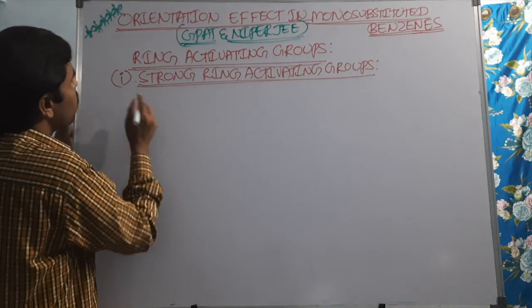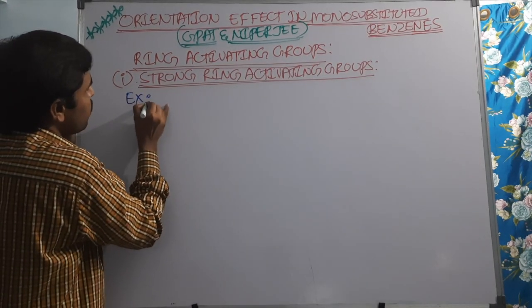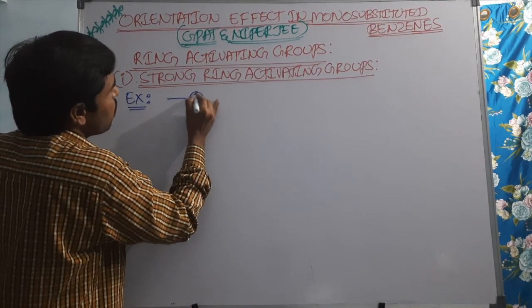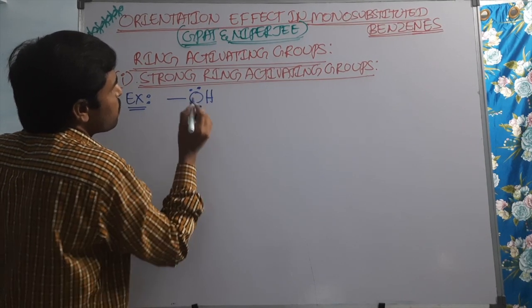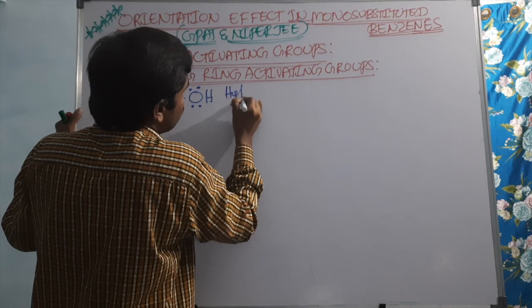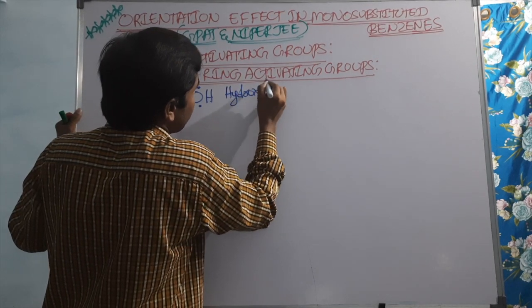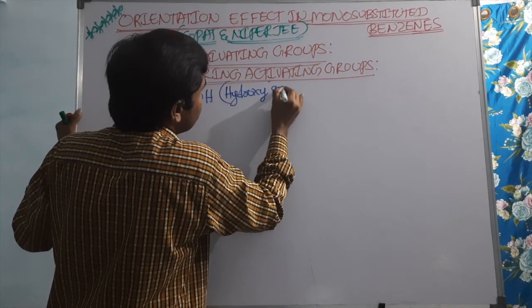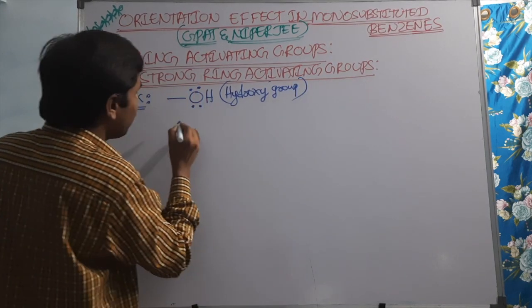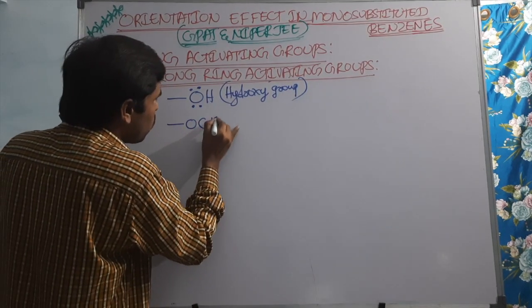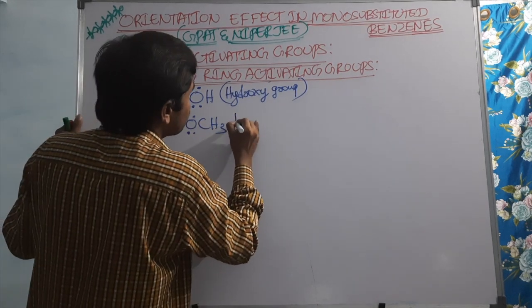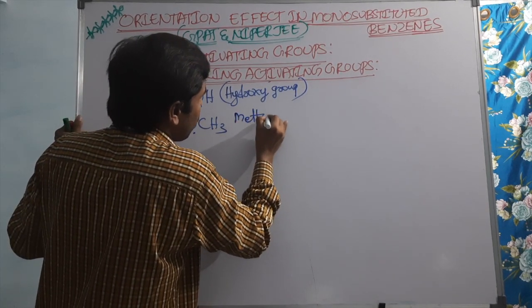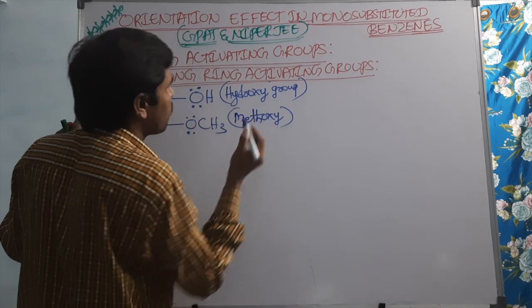The first example is OH, the hydroxy group. The second example is OCH3, which is called the methoxy group.